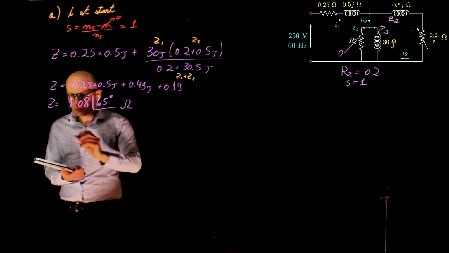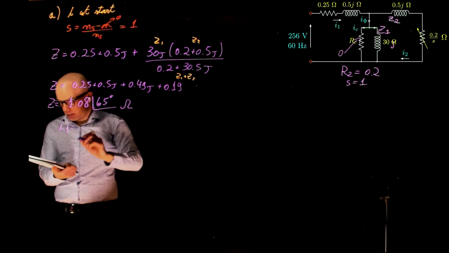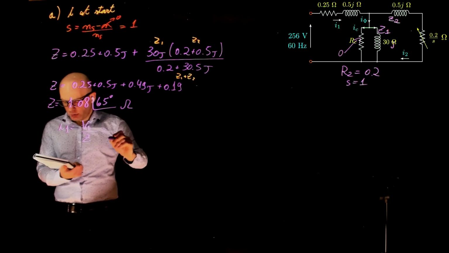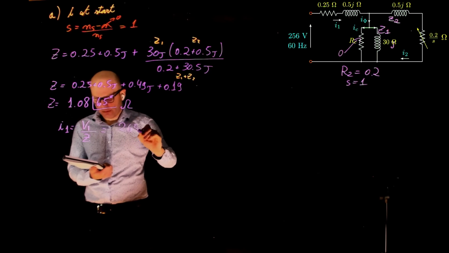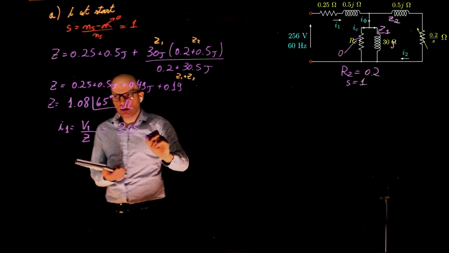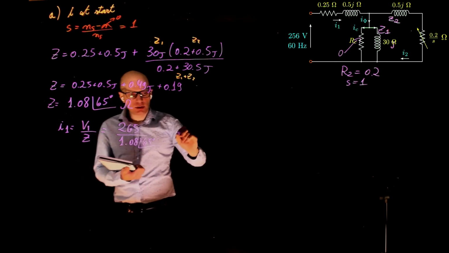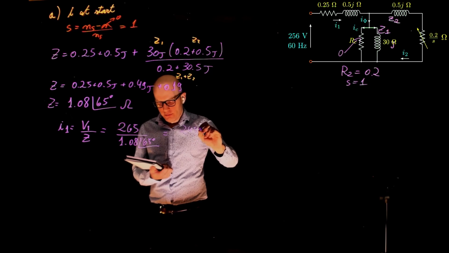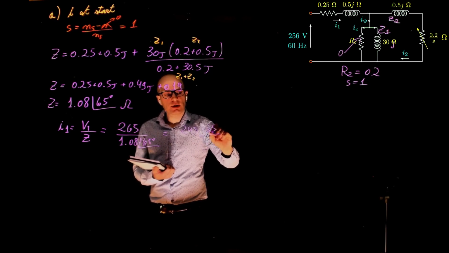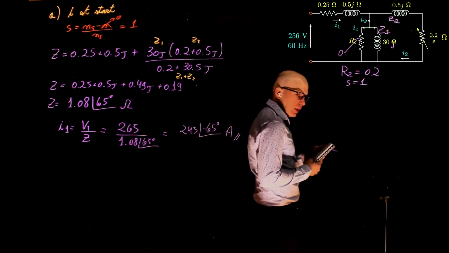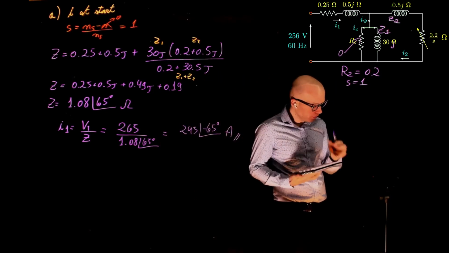What is the current at start? The current at start is V1 divided by Z, which is 265 divided by 1.08 with an angle of 65 degrees. This is 245 at an angle of negative 65 degrees amps. That's the starting current.